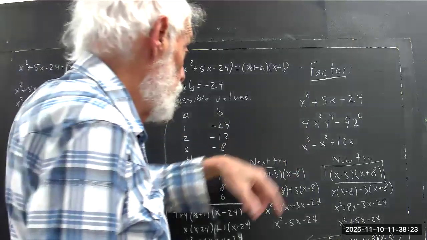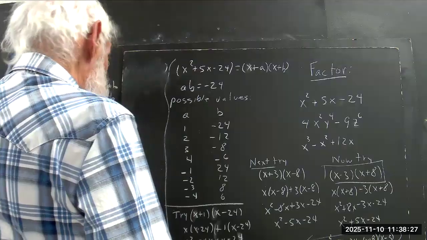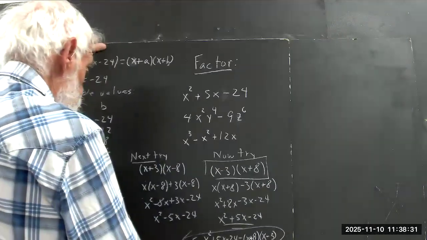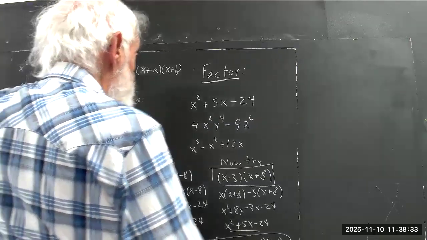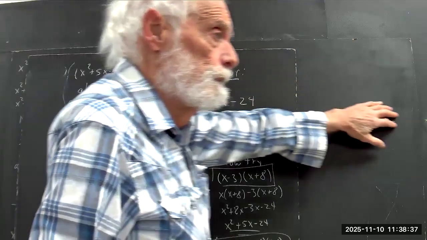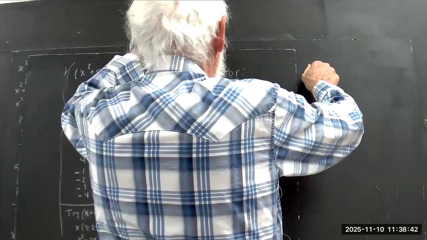Now, moving on to the other problems, the 4x squared y to the fourth minus 9z to the fourth, and so forth. Move this board over here.